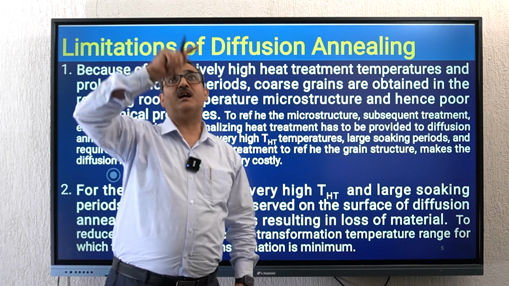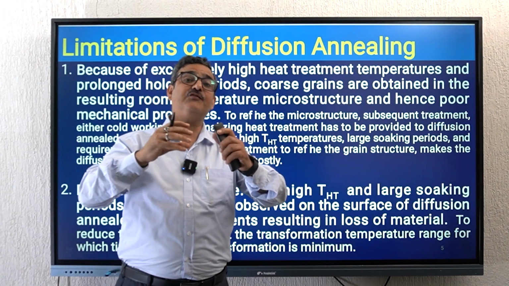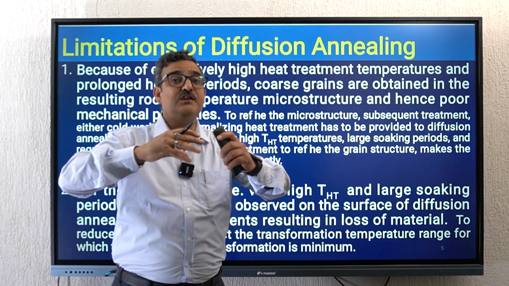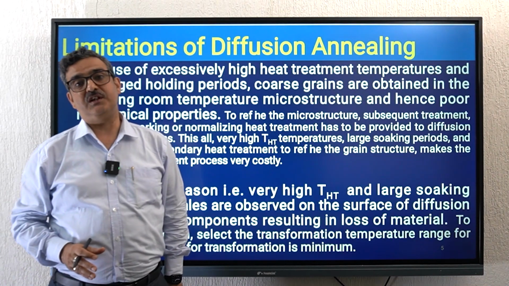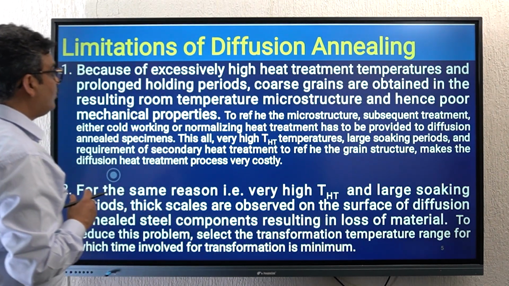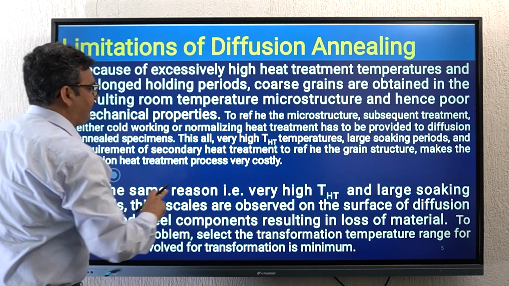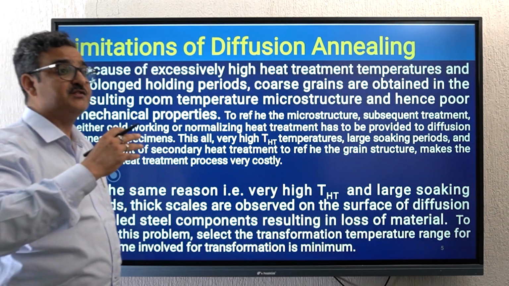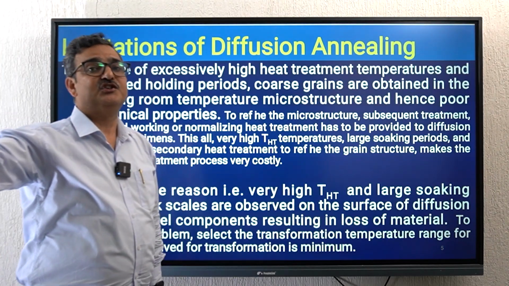Number one, because of this high temperature, prolonged holding, slow cooling, excessively coarse grains would be formed in the room temperature microstructure of the steel. Not only that, material loss in the form of scales takes place because of subjecting the steel to such high temperature for such long periods of time, followed by slow cooling.